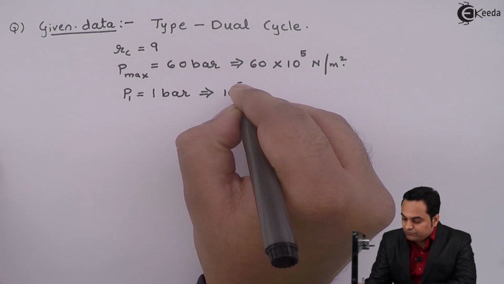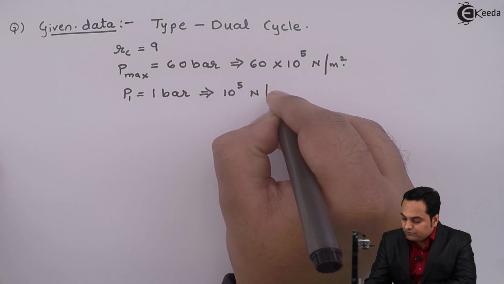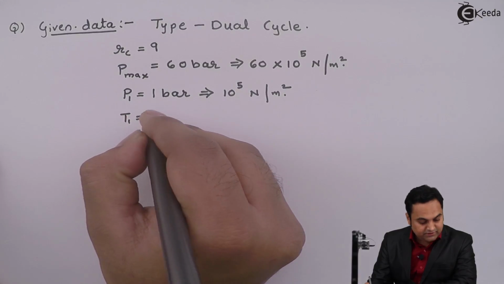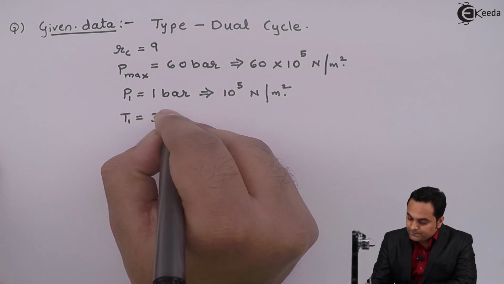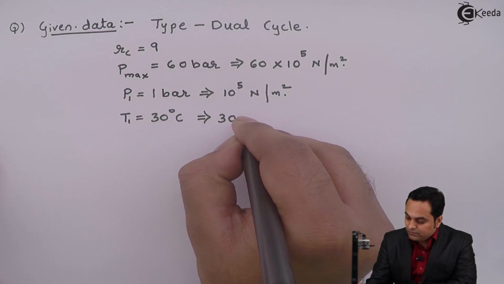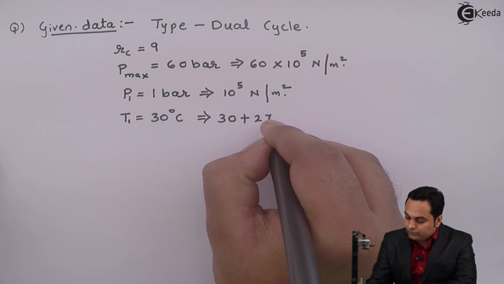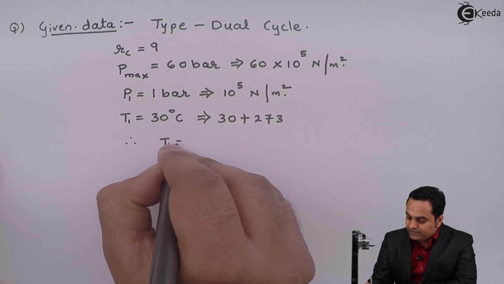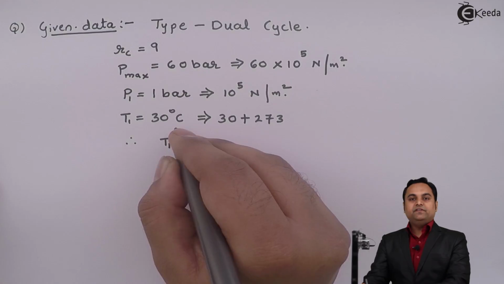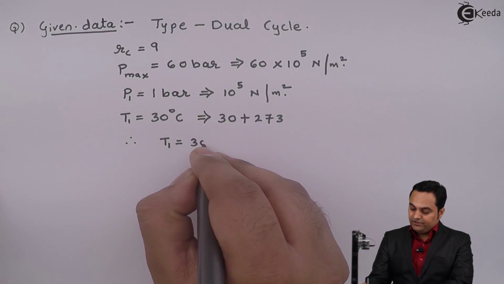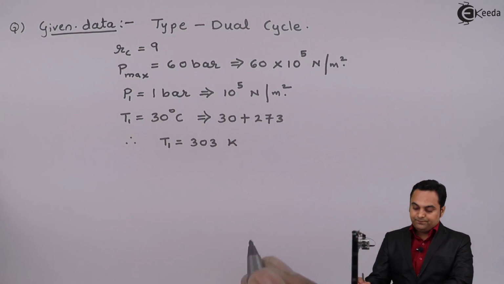So 10 raised to 5 Newton per meter square, and temperature T1 is 30 degrees Celsius. So 30 plus 273. Therefore we are adding 273 to convert degrees Celsius into Kelvin, and here this will be 303 Kelvin.